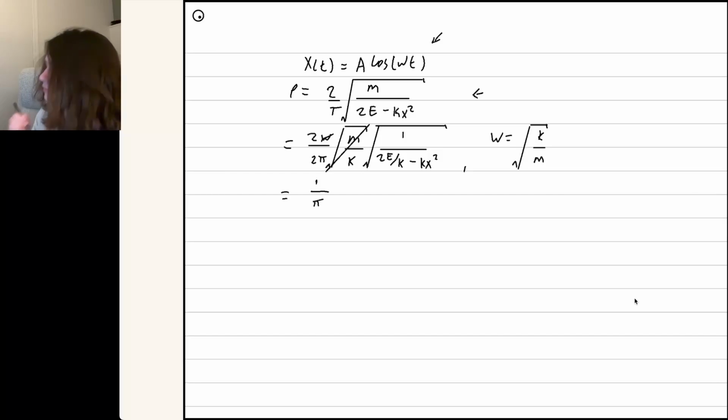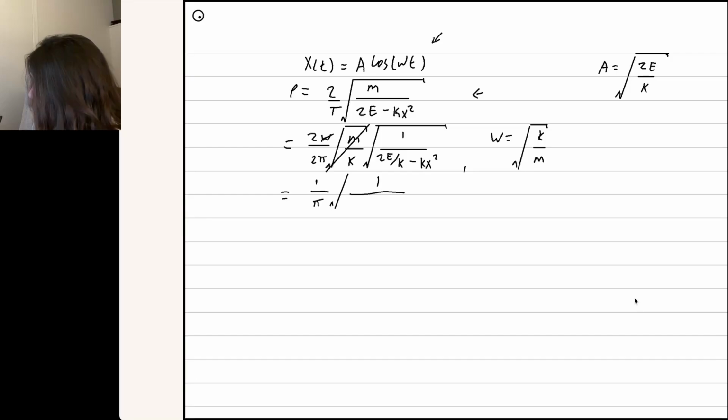And then we also found that the amplitude of the motion, a, is equal to the square root of 2E over k. So in the radical, we can rewrite this as 1 over a squared minus kx squared. And actually not even k anymore, just x squared.